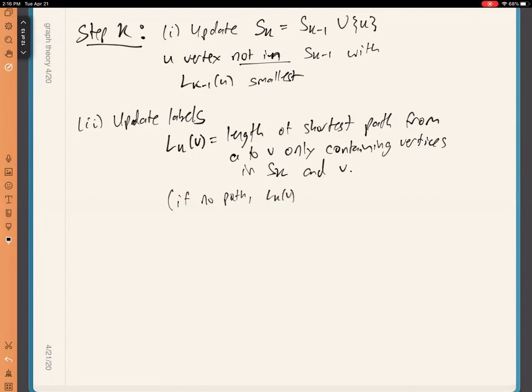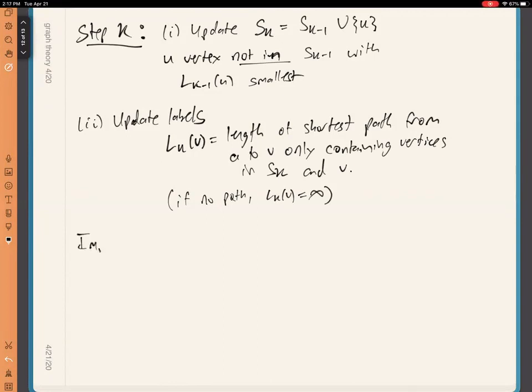Eventually all the vertices will have labels because there's only a finite number of vertices, but if it still happens that there's no path, then we keep the label infinite. And so this is how step K works in general.